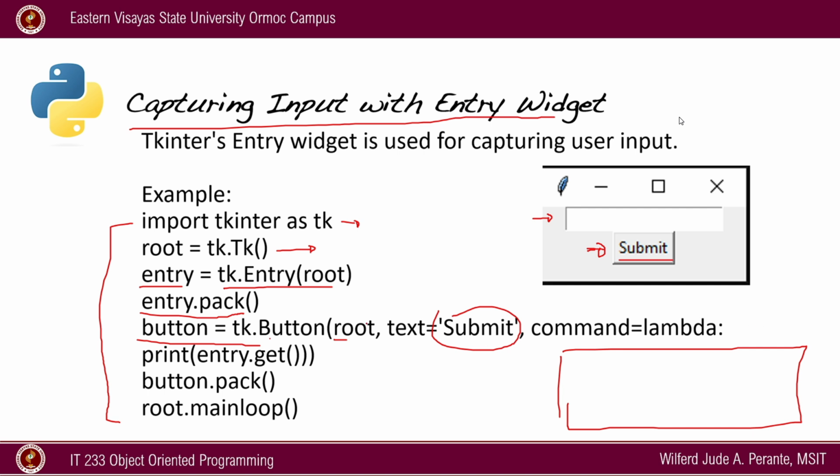By doing this, we display by print, we get the value of our entry. So we print it by clicking our button.